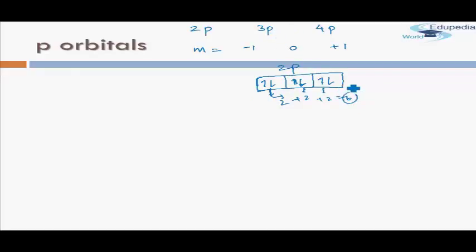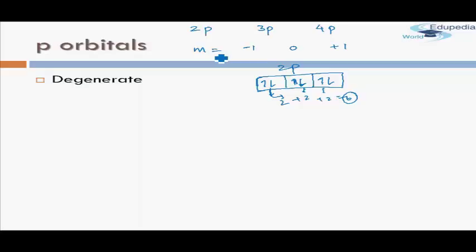Similarly, for 3p, there can be a maximum of 6 electrons, and similarly for 4p. All right, so they are degenerate. All these three orbitals, the one represented by -1, the one with 0, and +1, have the same energy. That is why they are called degenerate orbitals.